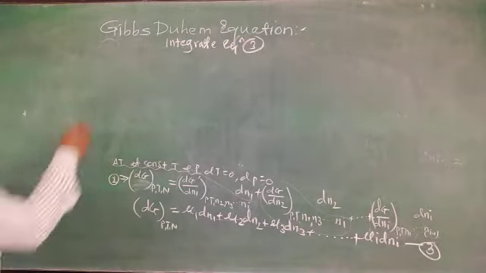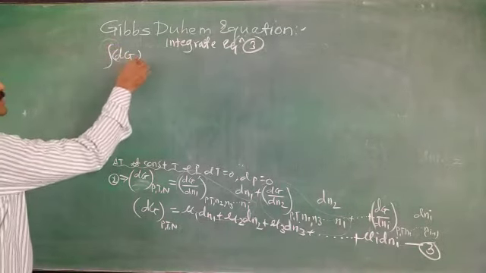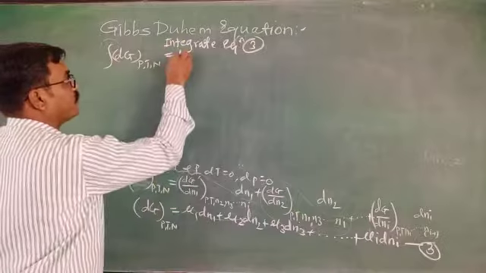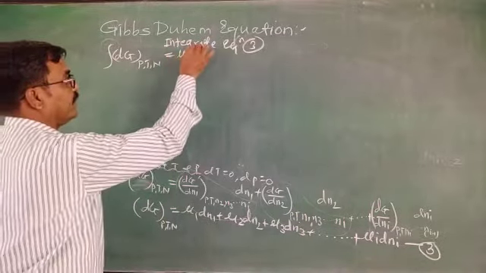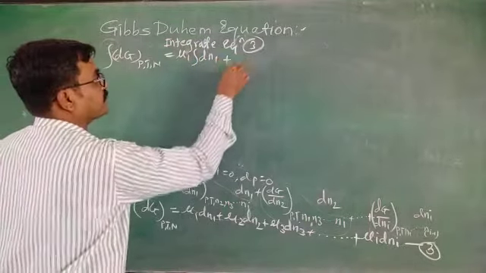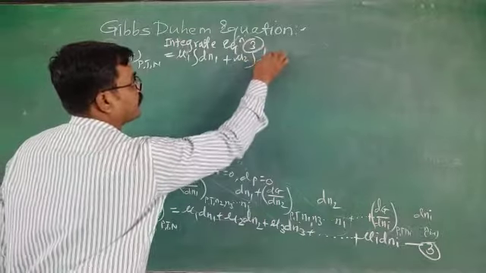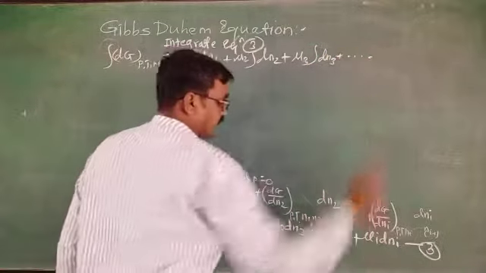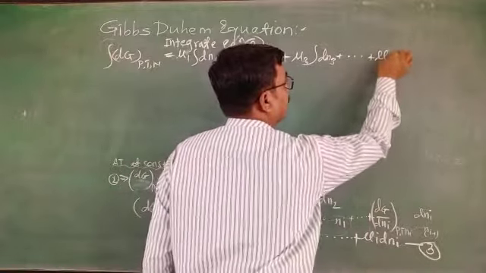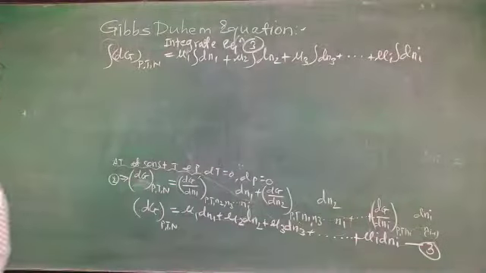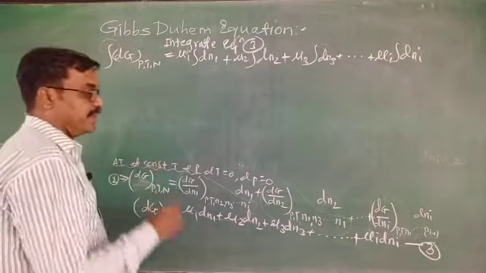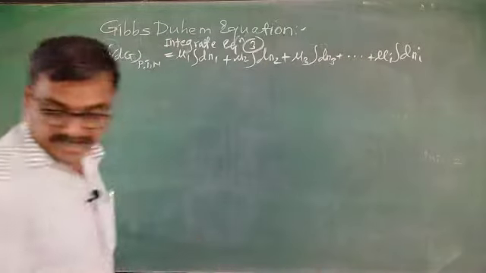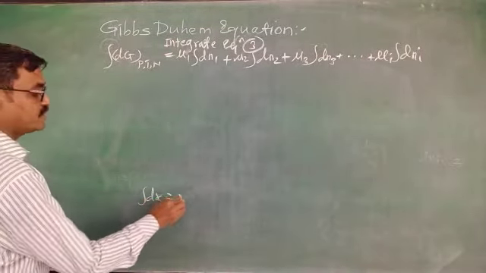Integration of dG at constant pressure, temperature and number of moles of the constituents is equal to mu1 into integration of dn1 plus mu2 into integration of dn2 plus mu3 into integration of dn3 plus and so on, the last term mu i into integration of dni. Are you getting it clear? Now you know integration of dx is x.